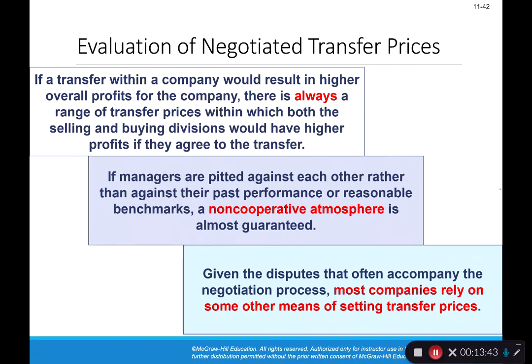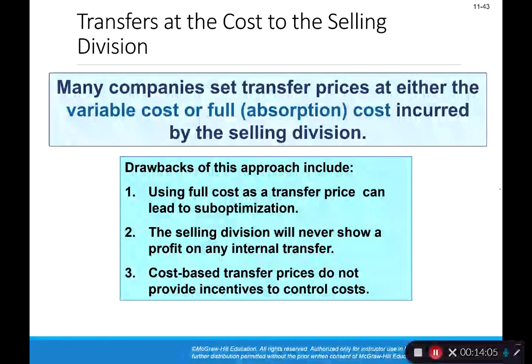They're going to have a higher profit. If managers are pitted against each other rather than against their past performance or reasonable benchmarks, that non-cooperative atmosphere is almost guaranteed. And then they might fight amongst each other and make decisions that aren't in the best interest of the overall company. So because of that, most companies rely on some other means of setting transfer prices.